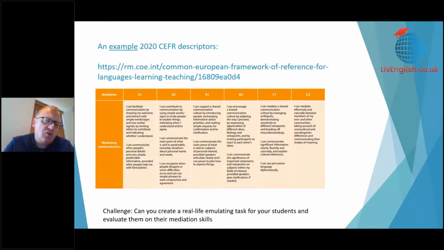Can we create a real life emulating task for your students to take them from one level to the other? So imagine you have students at B1 level and they can do this, and you want to take them to B2. So think of a task. What real life situation do you think they would need to be involved in to be able to move them from B1 to B2?